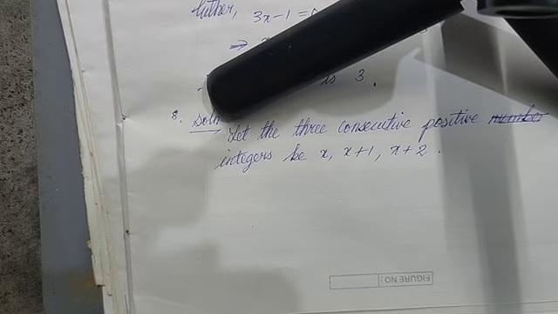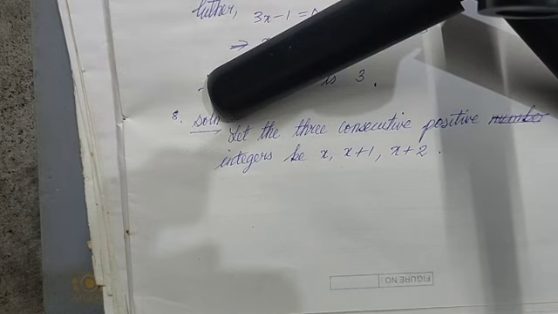The sum of the squares of the first and the product of the other two is 154.